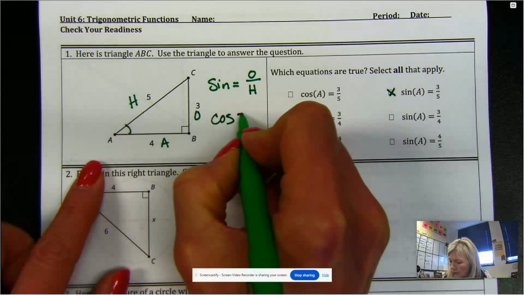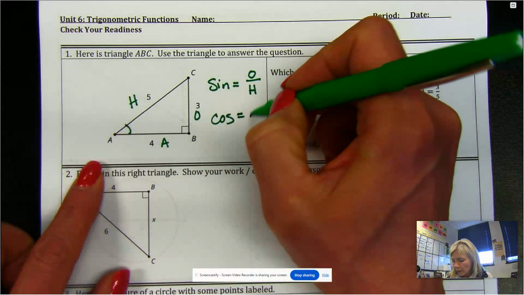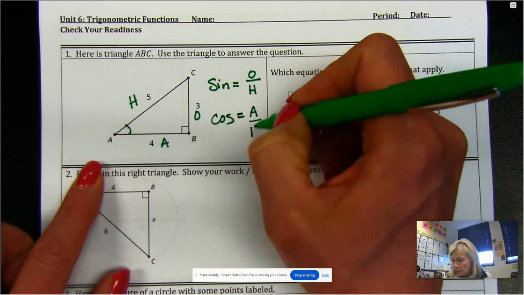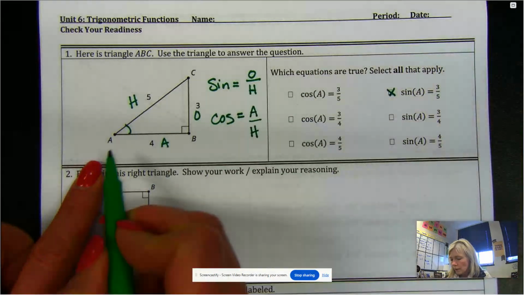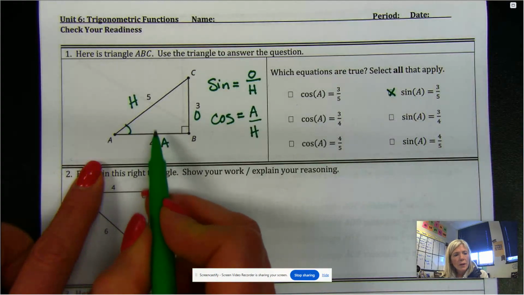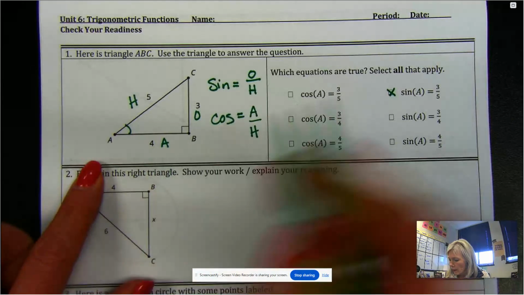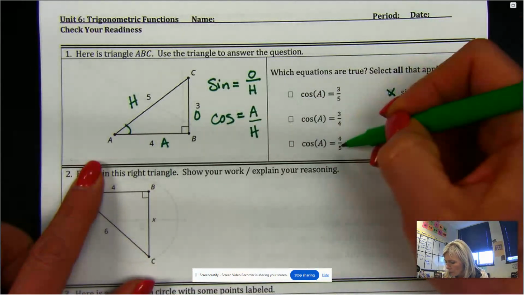The cosine of an angle is equal to the adjacent leg over the hypotenuse. So again, for angle A, the adjacent leg has a length of 4, and so 4/5 would be the cosine of angle A. So cosine 4/5, there we go.